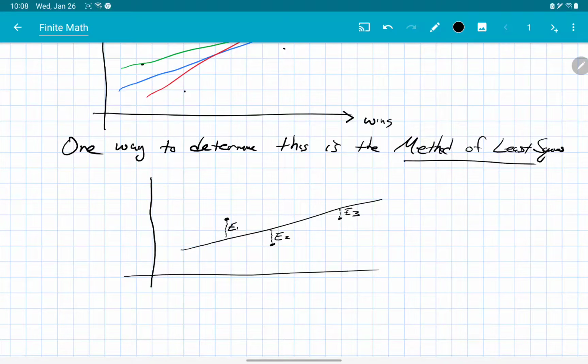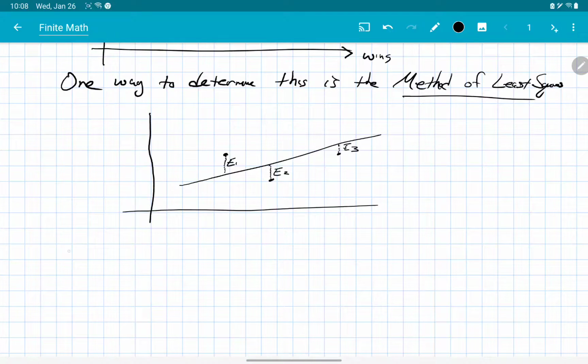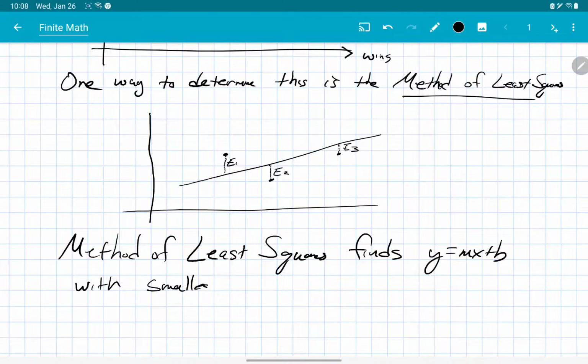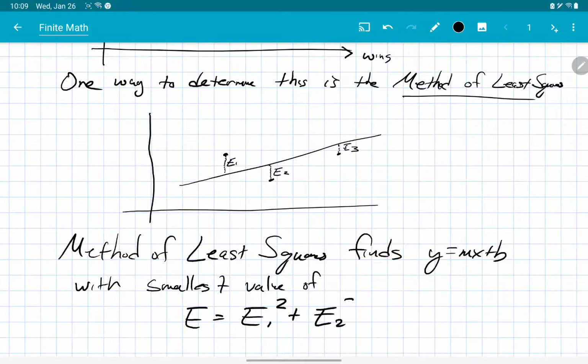And what the method of least squares does is find the y equals mx plus b with the smallest value of the sum of the squares of all of those distances.